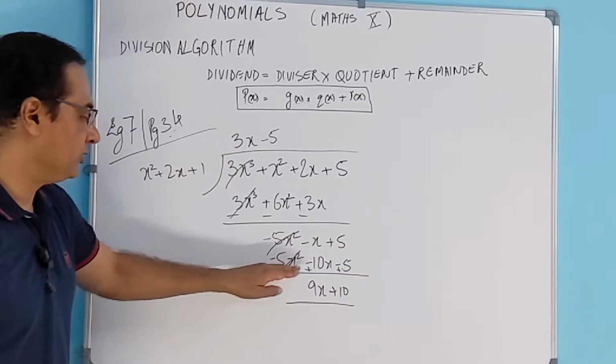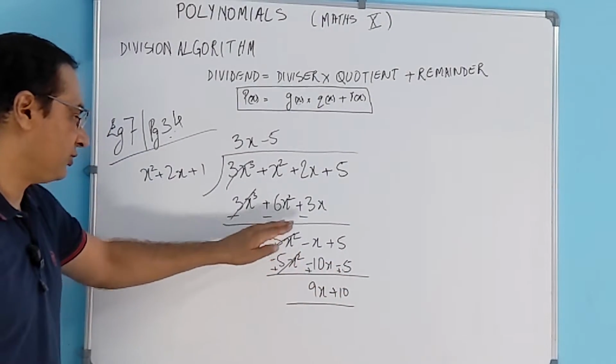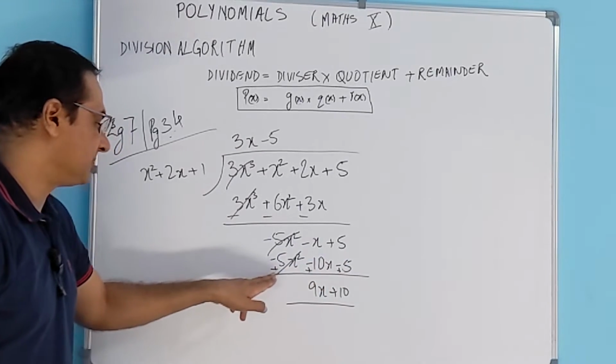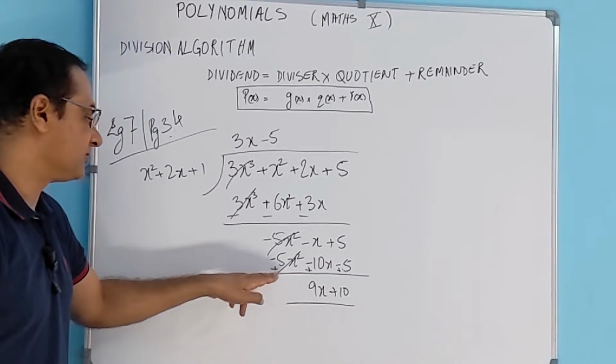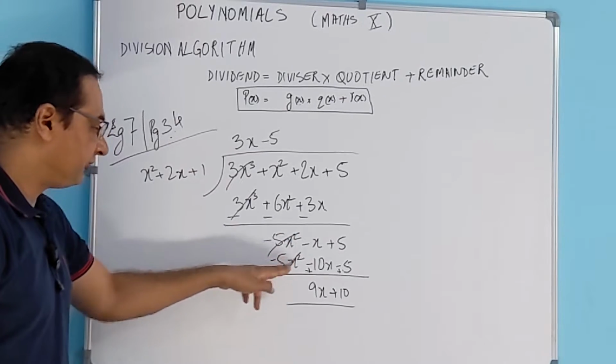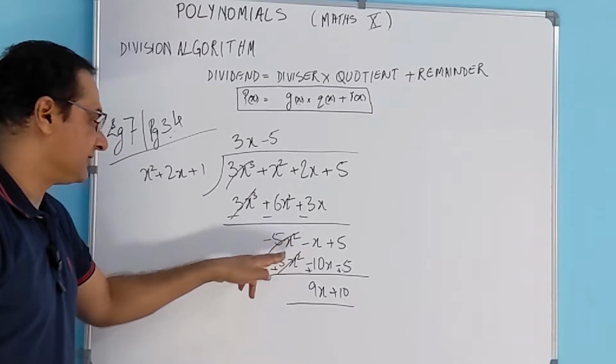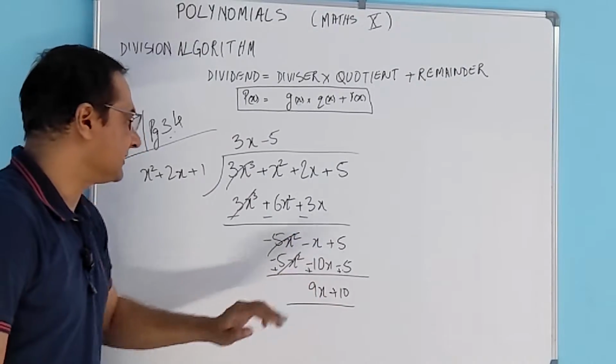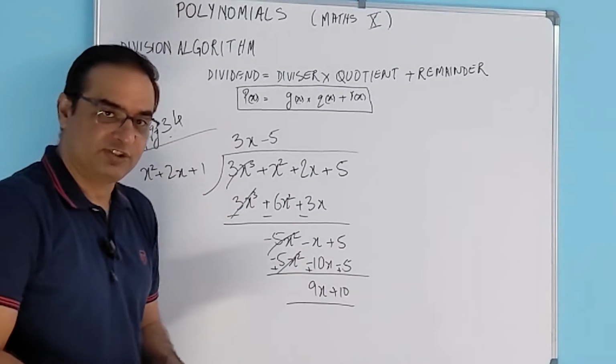Now in division we subtract this term from the earlier one, so we reverse the sign of all these terms. All these three terms become positive. The first term is eliminated, minus 5x square and plus 5x square. What are we left with? 9x plus 10. So this is the complete division.